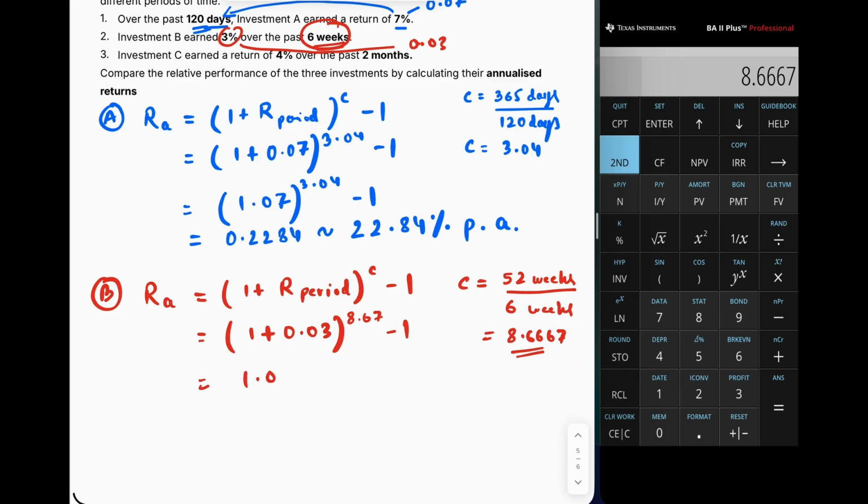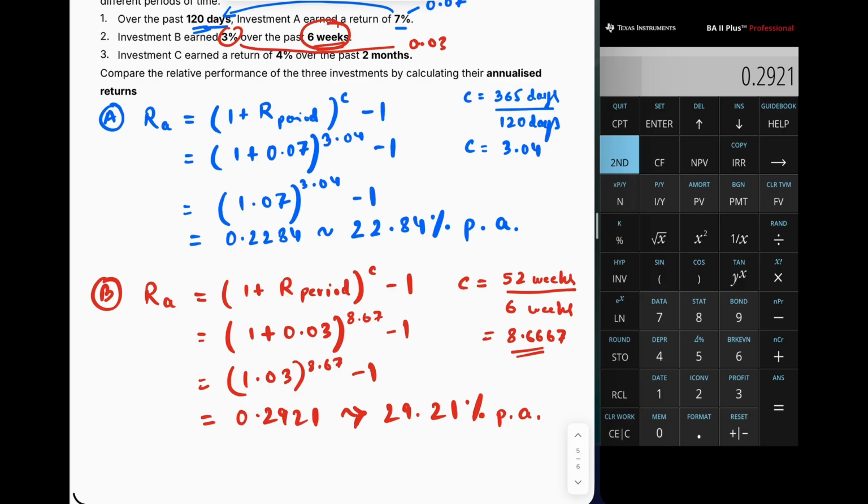So 1.03 to the power 8.67, minus 1. It is coming out to this. I have to deduct 1, which gives 0.2921, which is equal to 29.21%. So investment B is giving a return of 29.21%, which is better than investment A.